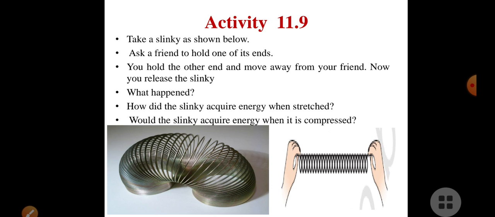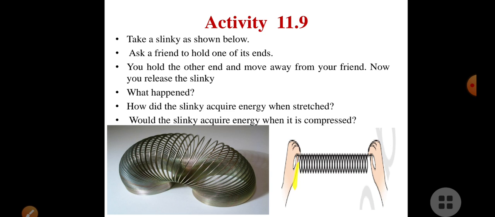Activity 11.9. So this is the picture of a slinky. Actually a slinky is a long spring. It's a very flexible spring, and it can be spread to a 1 or 2 meter distance. It's a large spring. So in our lab also it's available. If you come to the school, then I'll show you. So take a slinky as shown below. Ask a friend to hold one of its ends. As it is a long spring, it can be stretched.